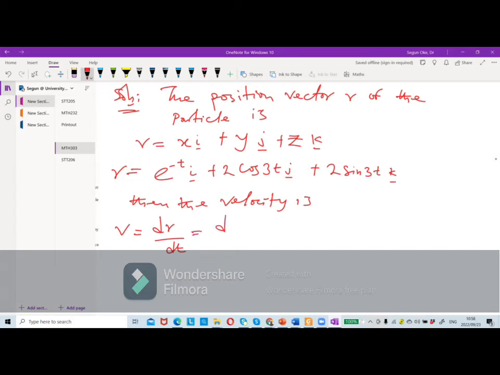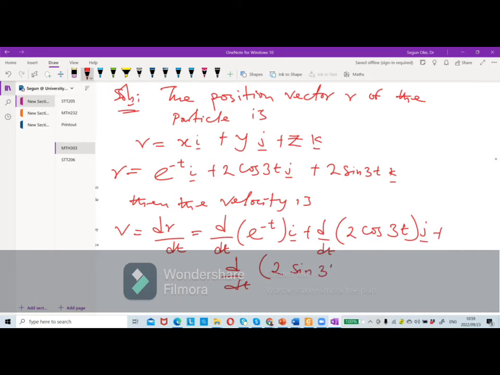So we have it to be d over dt of exponential minus t i plus d over dt of 2 cos 3t j plus d over dt of 2 sine 3t k.